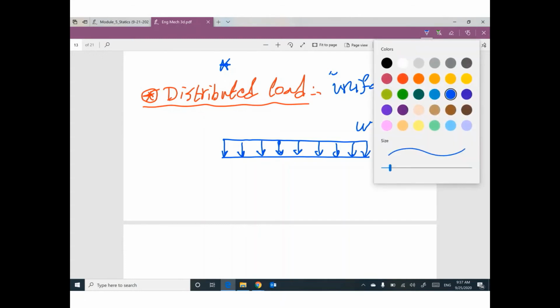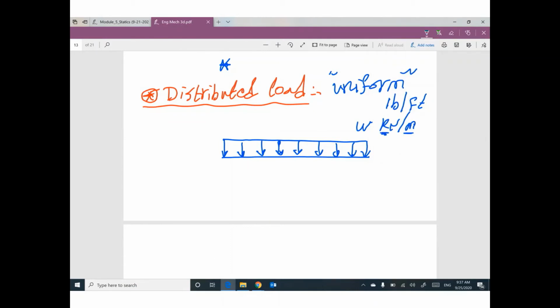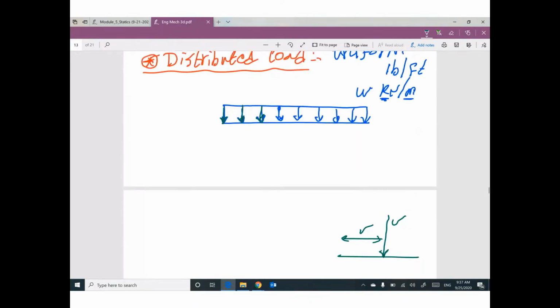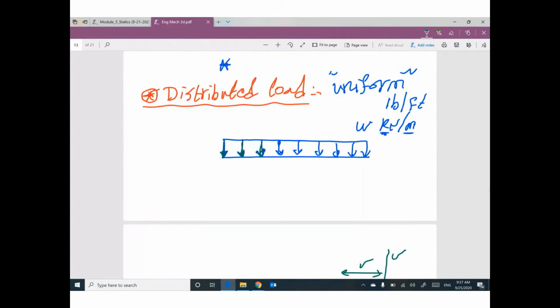Actually, we need to do some adjustment, because are you working with this arrow or this arrow or this arrow? We need one value to work with. Can you remember the concentrated force? If you have a concentrated force, we have only one value, and this value times a distance gives a moment. So I'm going to make an equivalent for this distributed load at the middle.